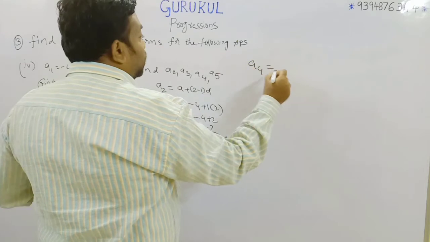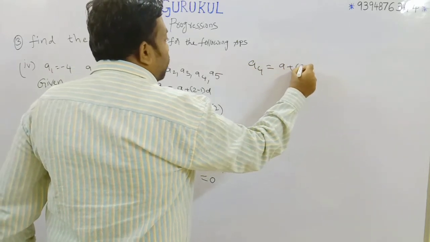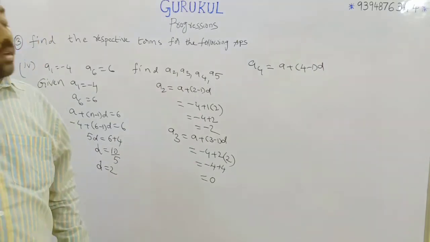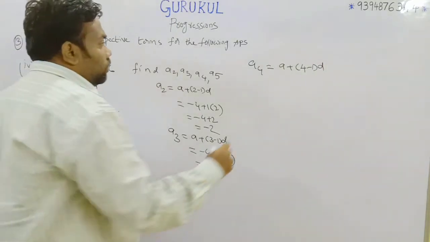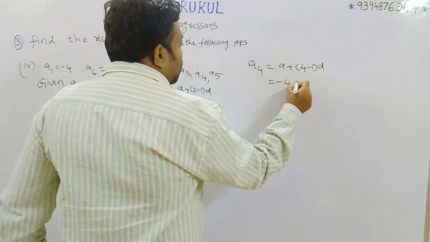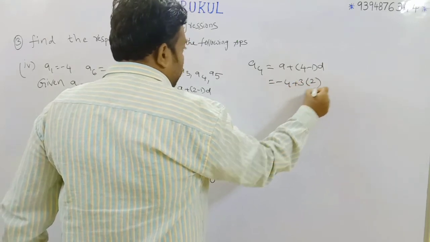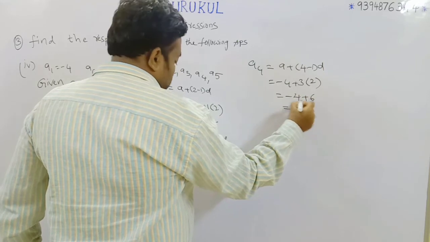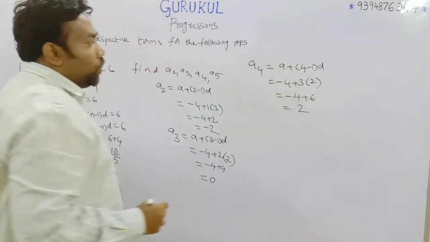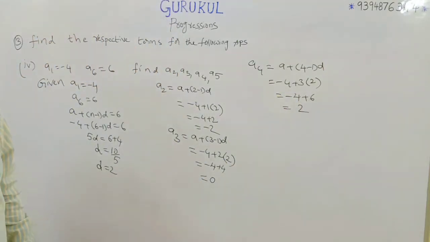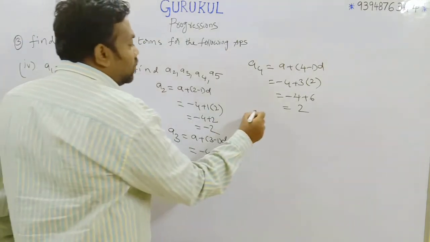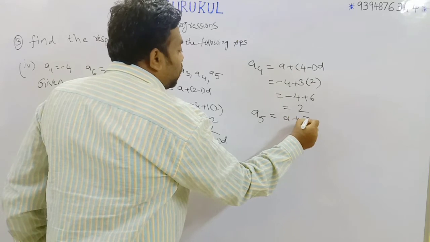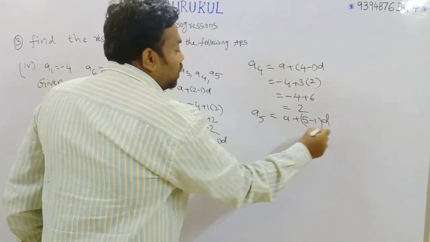a4 equal to a plus 4 minus 1 into d. So here a value is first term minus 4 plus 3 into d value 2, minus 4 plus 6, that is 2. And a5 equal to a plus 5 minus 1 into d.